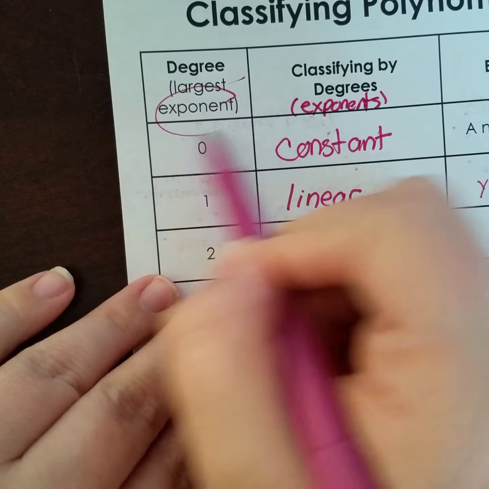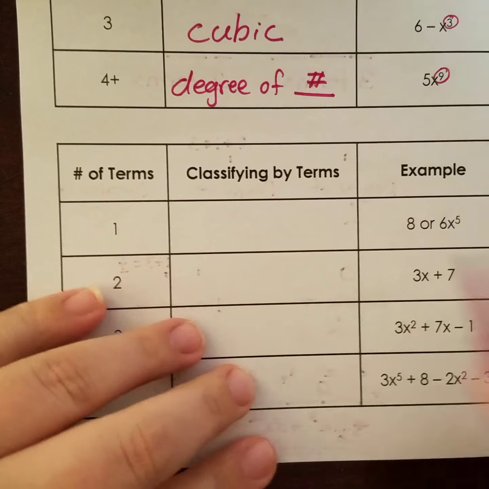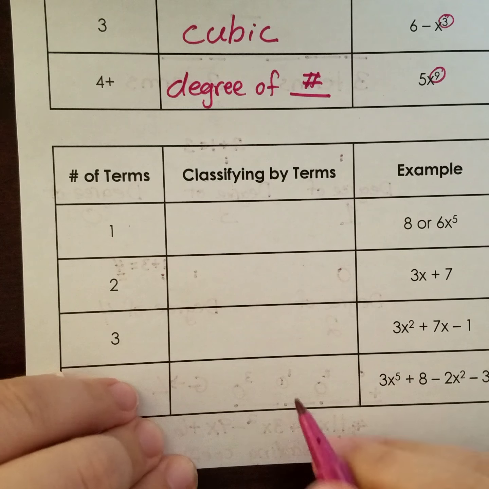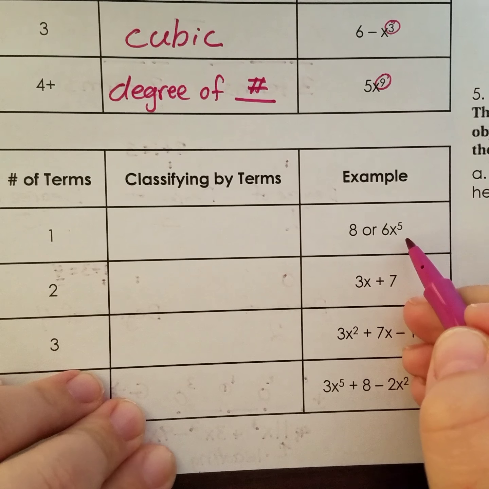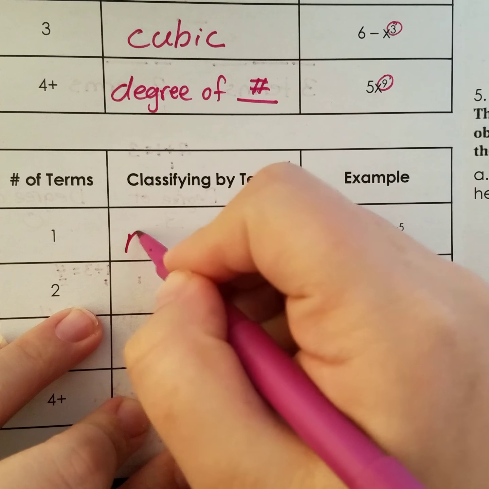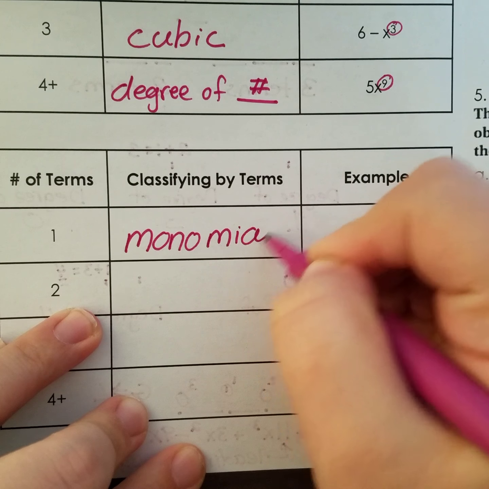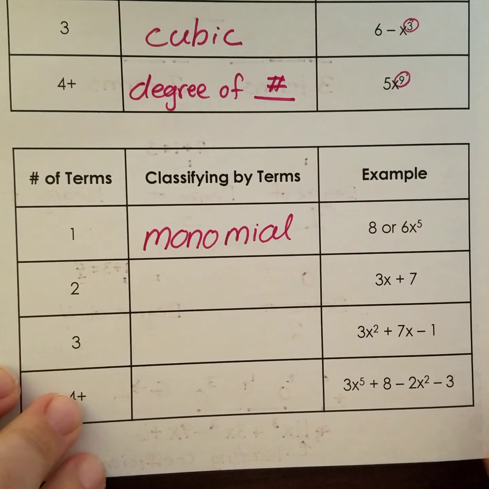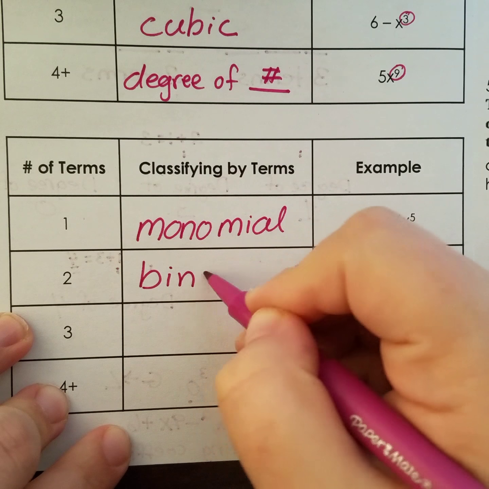Right, exponents. All right, down here, we're going to go by term numbers. How many terms does it have? If it has one term, like an 8 or a 6x to the 5th, that's going to be called a monomial. We just went over that in the front. Okay, one term, by just one term. 2, binomial.